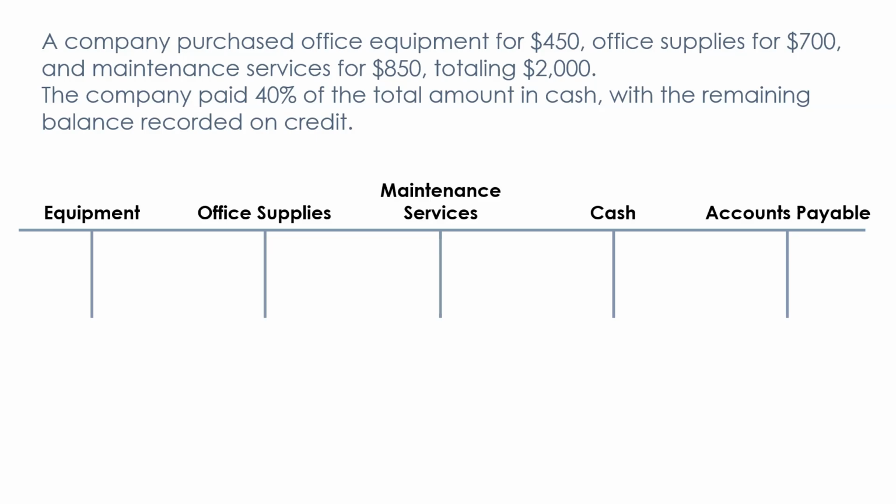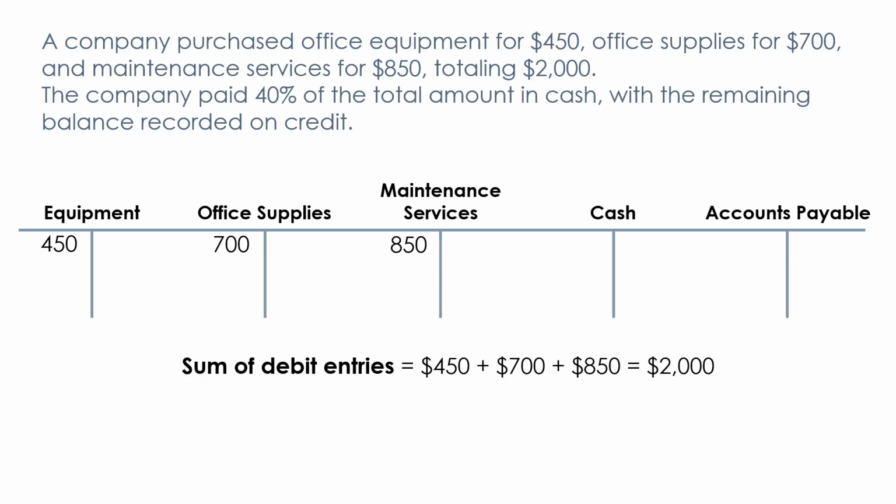To ensure accuracy, let's verify that the total of the debit entries is equal to the total of the credit entries. The debits are $450 for office equipment, $700 for office supplies, and $850 for maintenance services, resulting in a total debit of $2,000. Let's analyze the cash payments before we start filling the credit side.